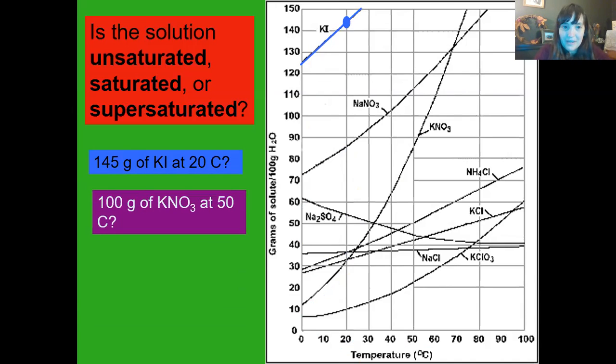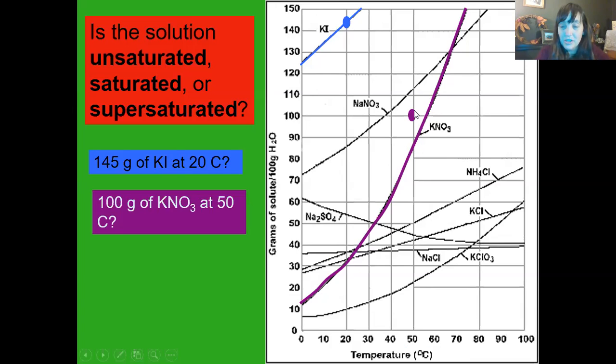How about this one? Now we've got 100 grams of potassium nitrate at 50 degrees Celsius. So here's potassium nitrate. Here's 100 grams at 50 degrees Celsius. What do you think? Unsaturated, saturated, or supersaturated? That one is supersaturated because the dot here is above the line.